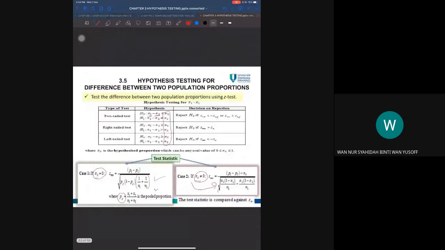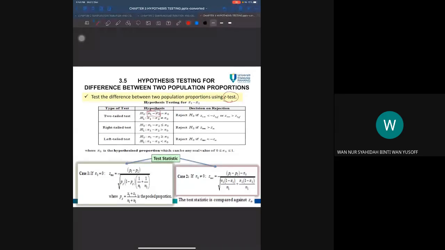So we go to 3.5 and then we discuss the exercise. So 3.5 is about difference between two population proportions. So we have pi 1 minus pi 2. Similar to mu 1 minus mu 2, we can decide which one minus which one first, based on the question. We still use the z-test, but here we have two different formulas for the z.